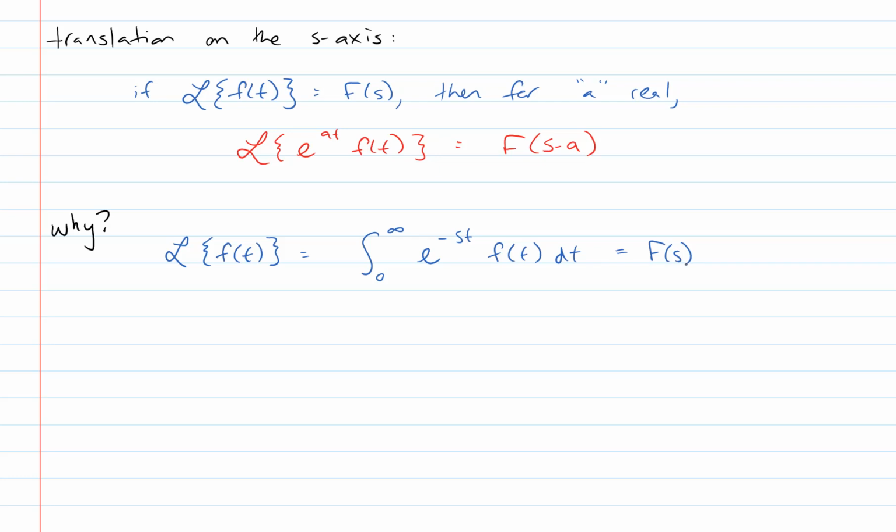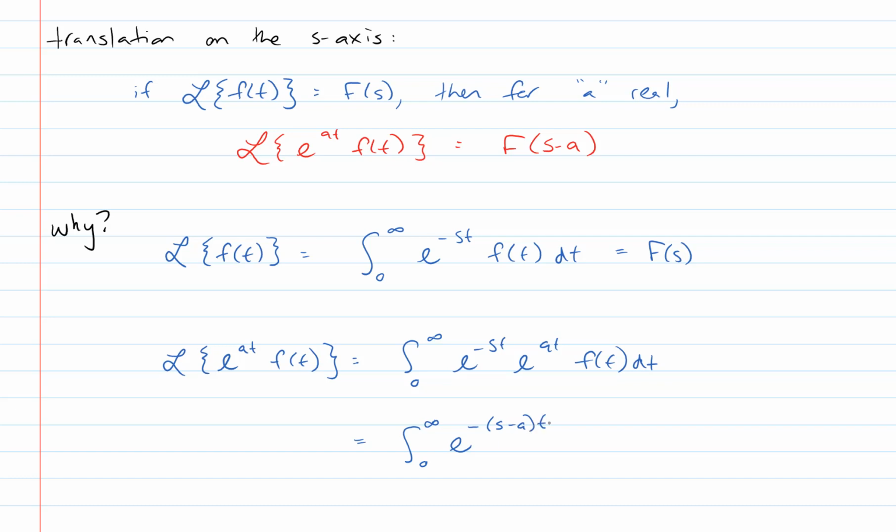If we then look at the Laplace transform of this product, e to the at times f of t, that's just going to be the integral from 0 to infinity of e to the negative st, e to the at, f of t dt. But we can rewrite that as the integral from 0 to infinity of e to the negative, and now we're going to take those two exponentials and factor out the t and write it as s minus a times t, f of t dt.